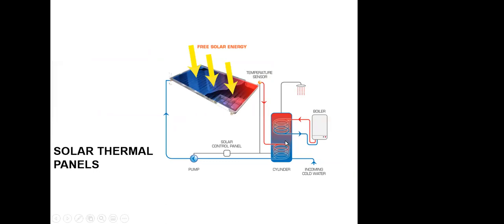Okay, that's another issue. And well, you see here we have different coils. Okay, so we have a coil that releases heat here, and then it goes back. Releases heat here, and then it goes back to the solar collector again. And then the boiler is usually connected to the top of the tank. Why?